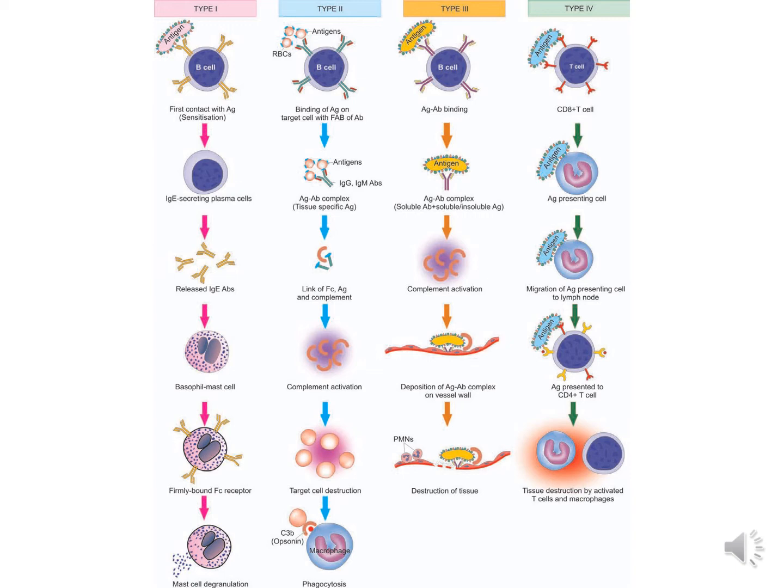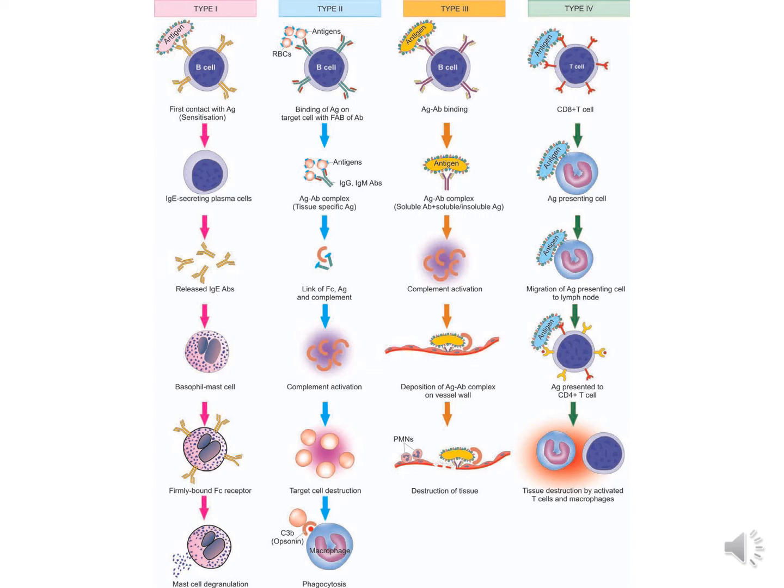Type 1: we see the first contact with antigen, here in the picture the antigen and B cells and their reaction called sensitization. Then we see immunoglobulin E secreting plasma cells, which release immunoglobulin E antibodies.